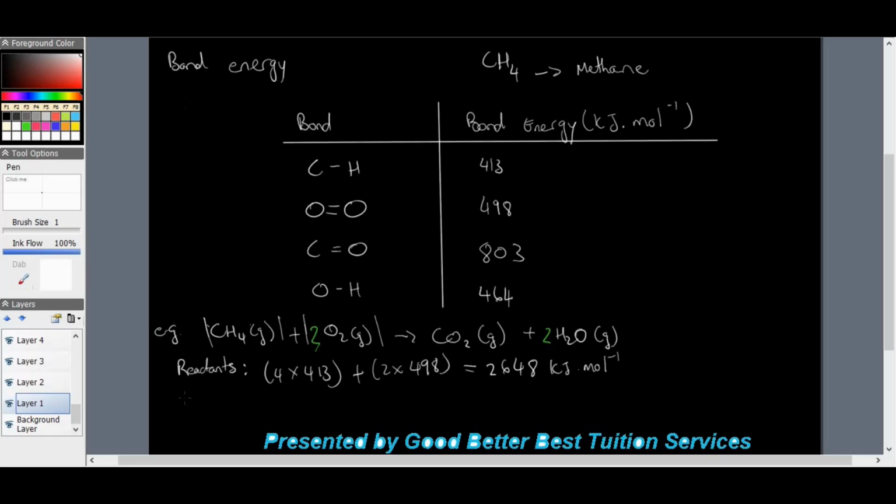Alright, now I want to have a look at the energy that got released. I want to have a look at the product side now.